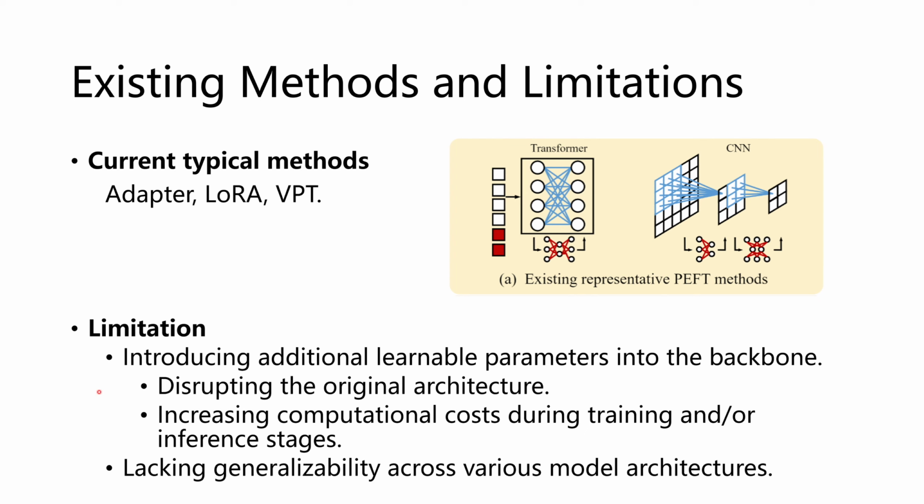For example, for visual prompt tuning, they introduce learnable vectors into the input space of the transformer, which is perfect for the transformer, but it's hard to apply to CNN because it's hard to introduce learnable vectors into the input space of CNN.